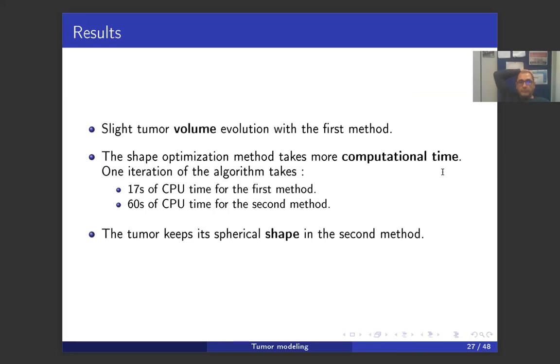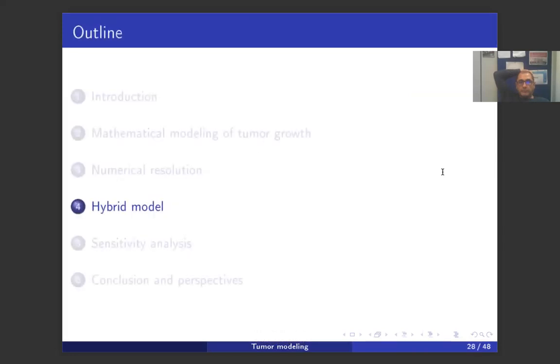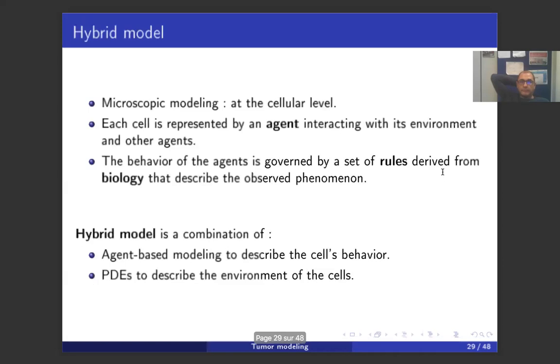Okay, it was the first part of this talk. In the second part, I will present a hybrid model, which is a microscopic modeling at a cellular level.